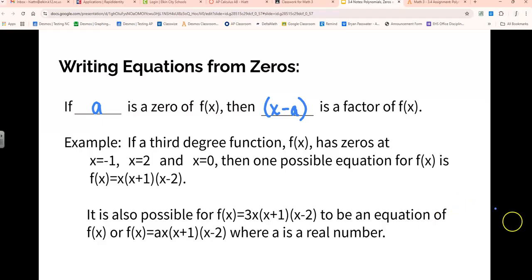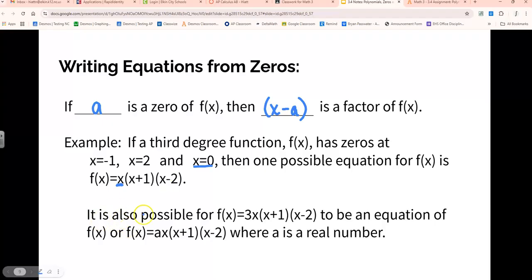So for example, if I had a third degree function that has zeros at -1, 2, and 0, then one possible equation would be x times x plus 1 times x minus 2. This x equals 0 right here goes with just having an x out front, right? That would be 0. And then if I have a -1, that means I'll have x plus 1 as a factor. If I have a positive 2, that means I have x minus 2 as a factor.